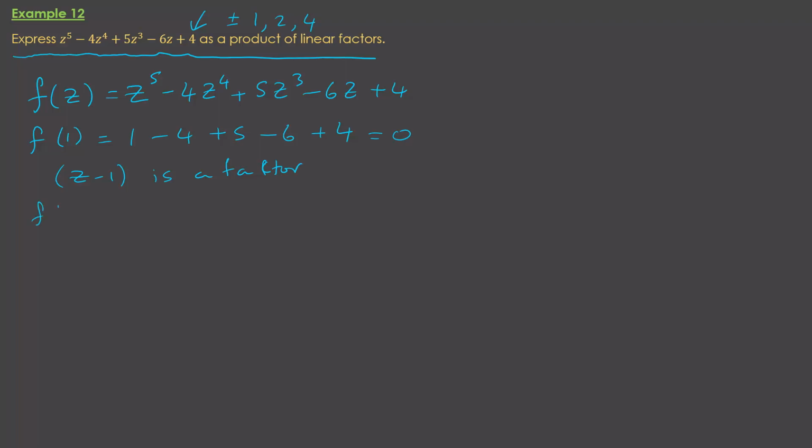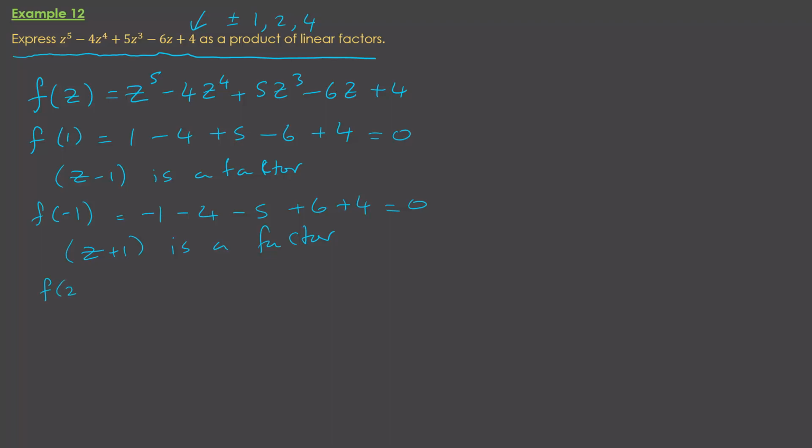What about f of negative 1? That's going to be negative 1, take 4, take 5, plus 6, plus 4. And that also is equal to 0. So z plus 1 is a factor.